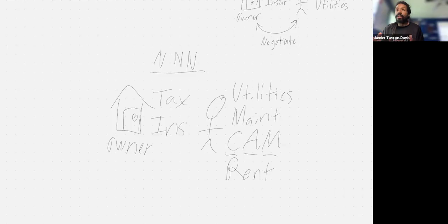And that's what makes this asset class a lot more attractive if you're looking for a set it and forget it situation. I mention that specific piece because it goes into the lease structure itself. These are negotiable things.